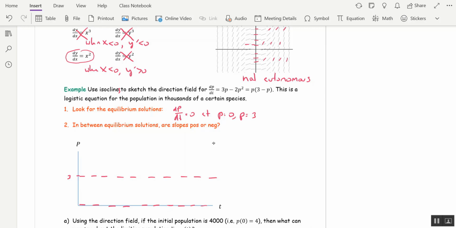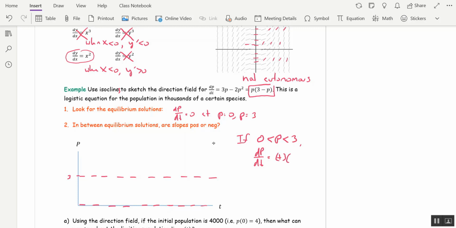So pick a value between 0 and 3. If p is between 0 and 3, for dp/dt we don't care what the value is, we just care whether it's positive or negative. So dp/dt is going to be positive, because if p is between 0 and 3, p is positive, so I'll have a positive times 3 minus p.